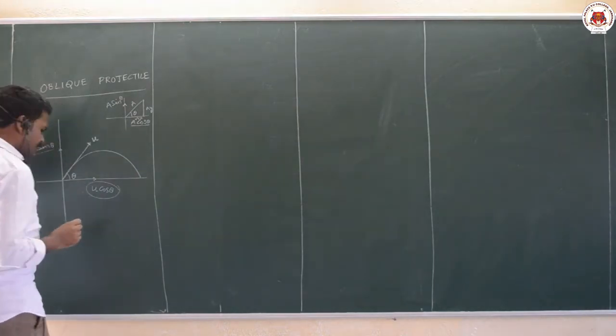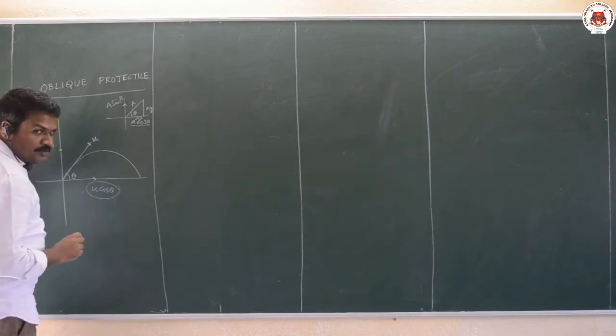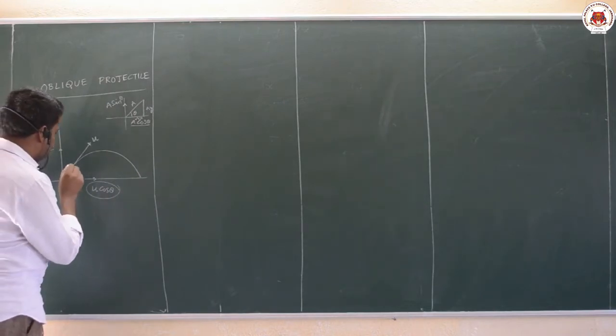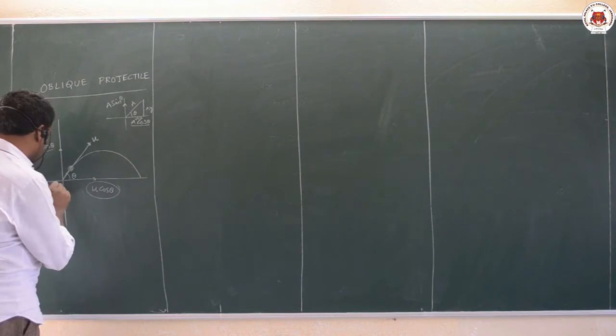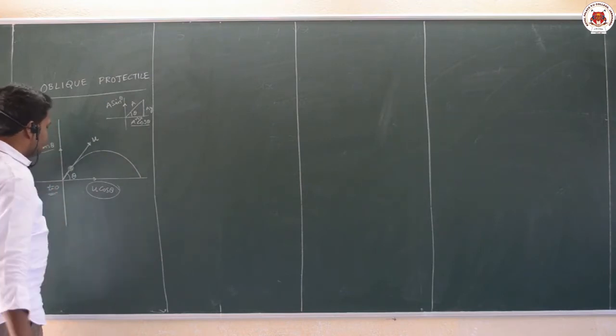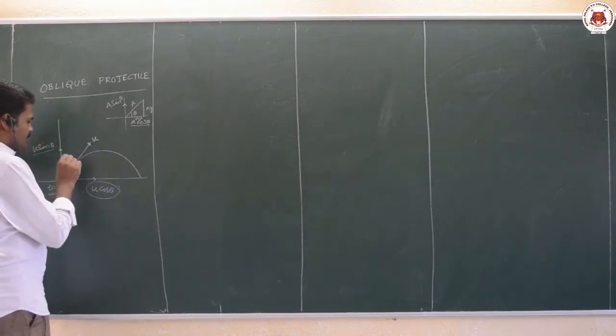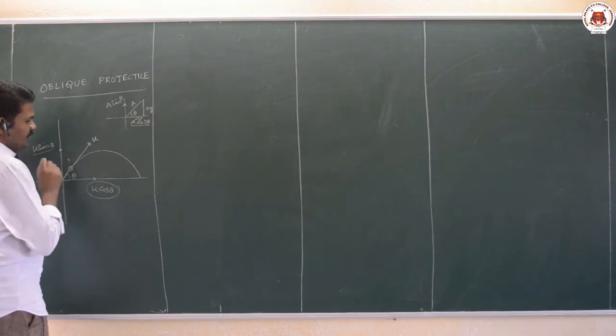So this body moves in a plane, which means it covers both x and y. At time t equal to 0, it is at origin. After some time, let us take after 1 second, it will be here.